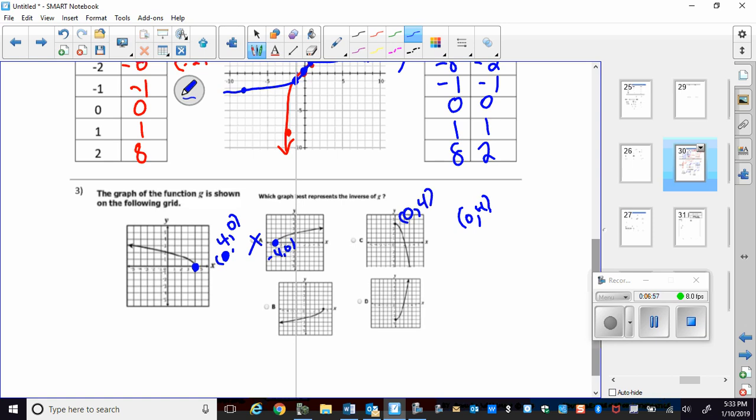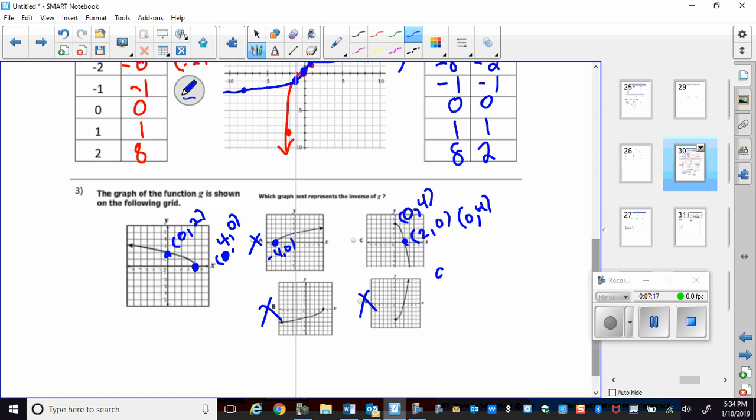The vertex here is 0, 4. But B, that's incorrect. And D is incorrect. And you should always check one other point. So I'm going to check this point, 0, 2. If I switch the x and y, is that on the other graph? And it is.